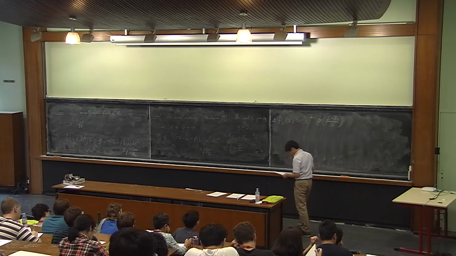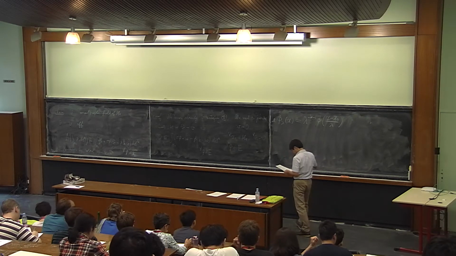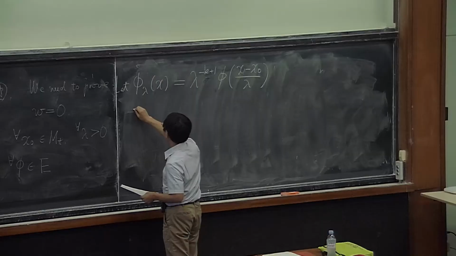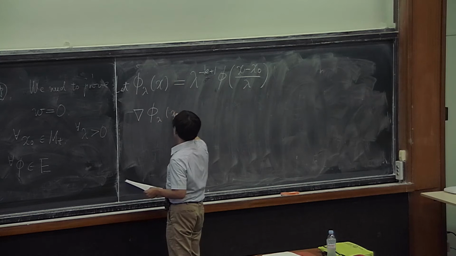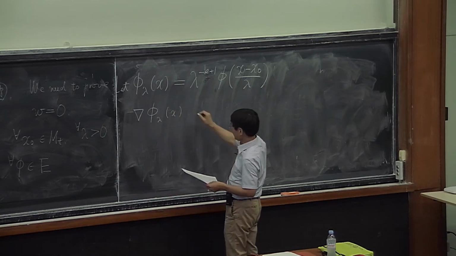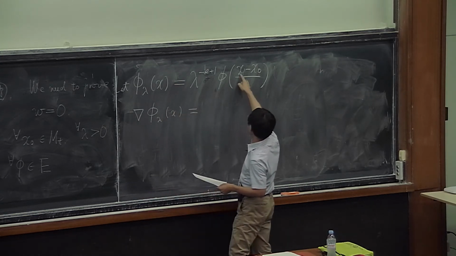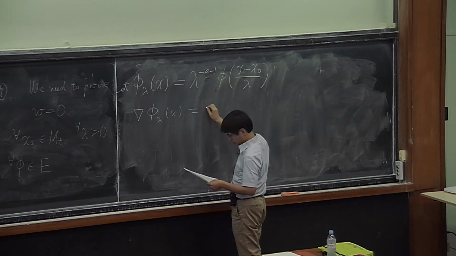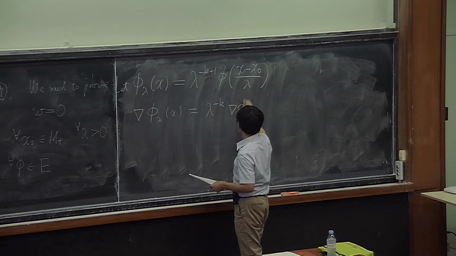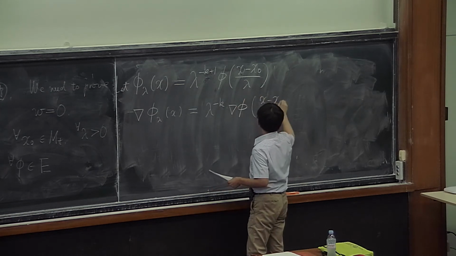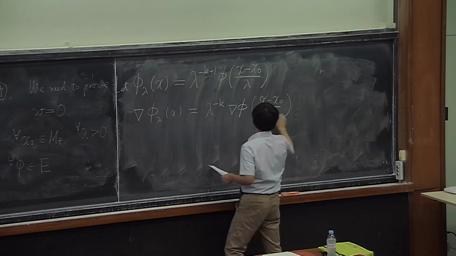Okay, then you see that if you define it like this, then the nabla of phi lambda would be, well, you differentiate this in x once, so you end up having lambda to the minus k times nabla phi of x minus x0 over lambda.